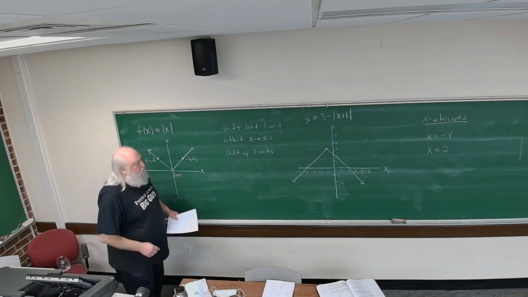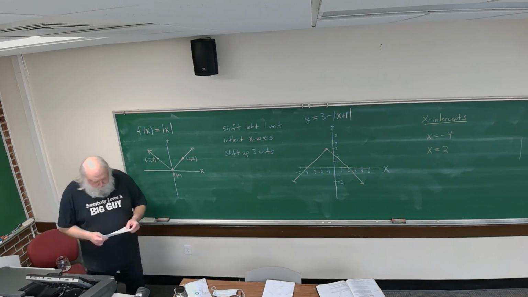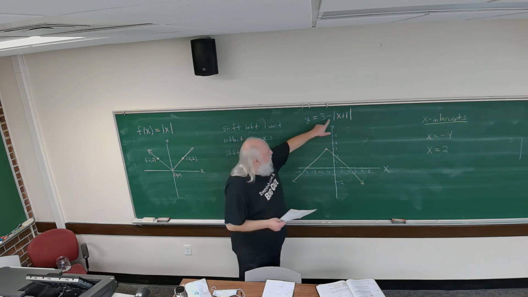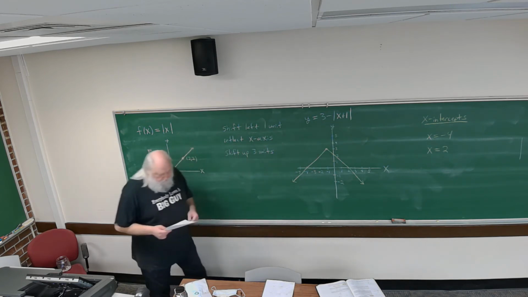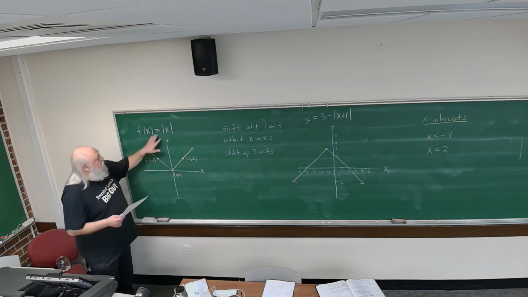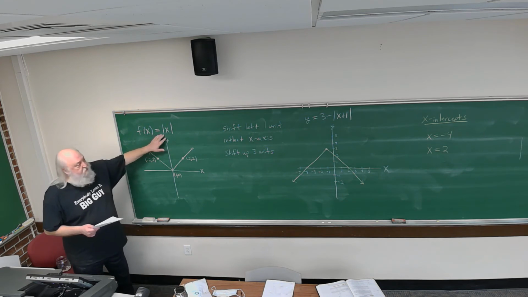All right. In example 3, part C, we are graphing the equation y equals 3 minus the absolute value of x plus 1. Well, that equation is just a transformation on the absolute value function.